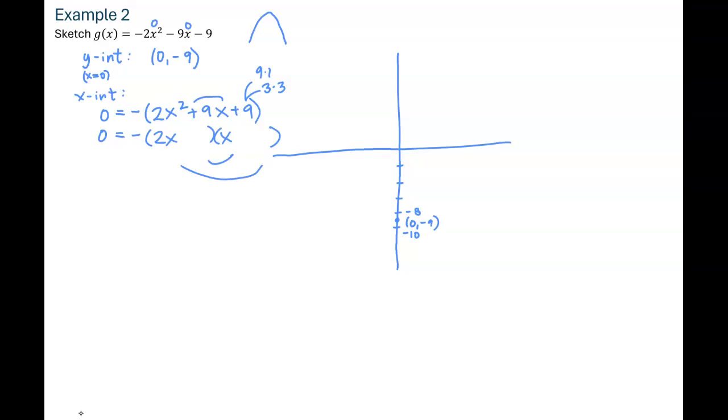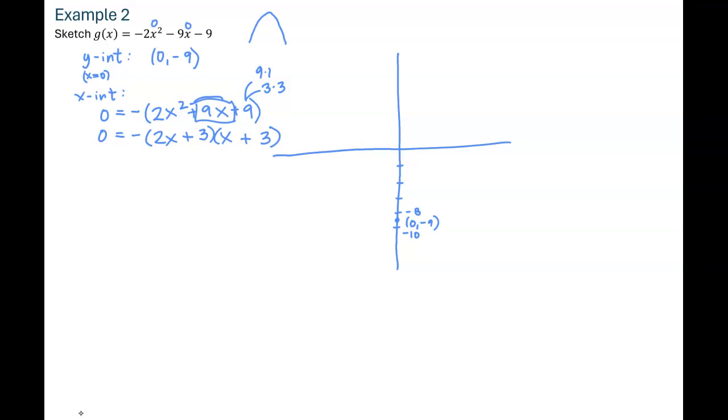If I do 1 and 9, I'm going to get 18 and 1 from my inside outside, which is not going to add up to 9. So let's say we probably want the 3 times 3, which is going to give me a 6x and a 3x, which do in fact add up to 9. So that's perfect. So this middle 9x is like your check for your factoring.